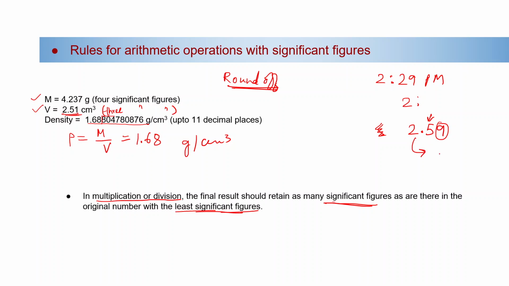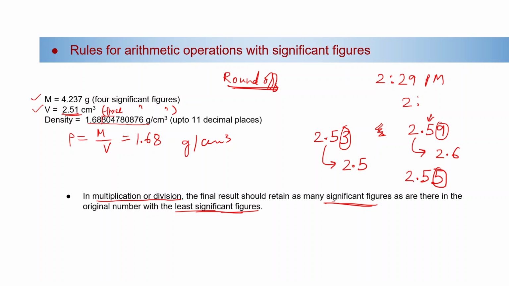If I round it off, it will become 2.6. But if the number is 2.53, since this digit is less than 5, it will round off and remain 2.5. So this we all know. If the digit we are talking about is more than 5, this will increase. If it's less than 5, it will remain as it is.